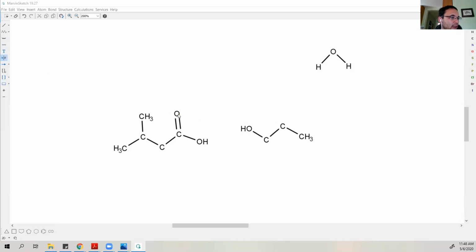So what happens is that this oxygen is going to go and pick up a hydrogen, and it's eventually going to leave with this hydrogen as well. So we're going to get a shift that happens here.